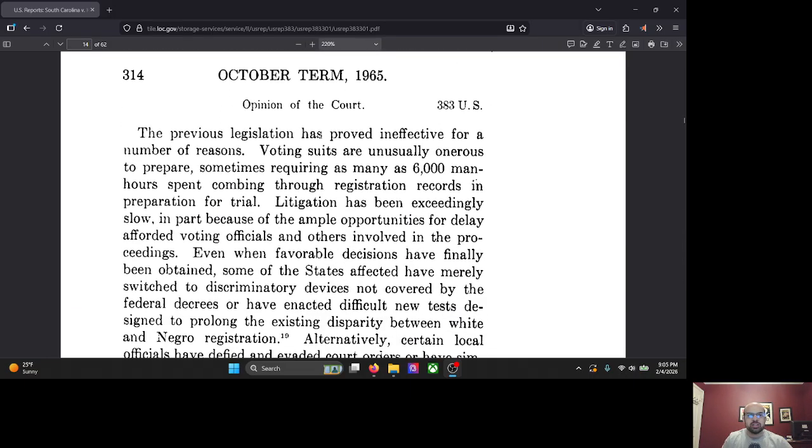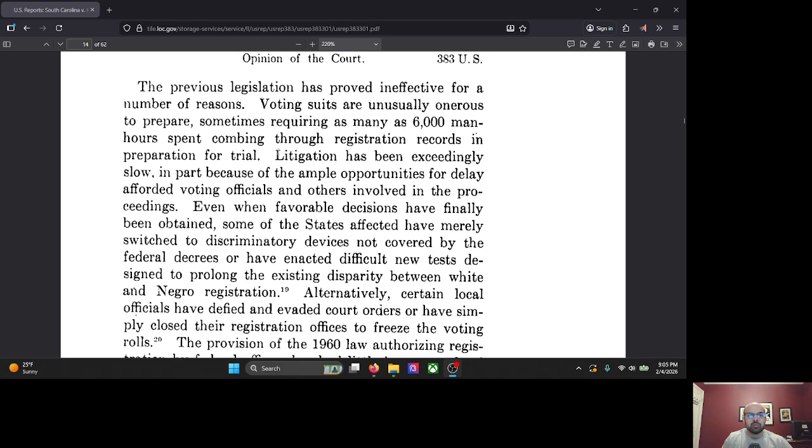The previous legislation has proved ineffective for a number of reasons. Voting suits are unusually onerous to prepare, sometimes requiring as many as 6,000 man-hours spent combing through registration records in preparation for trial. Litigation has been exceedingly slow, in part because of the ample opportunities for delay afforded voting officials and others involved in the proceedings.